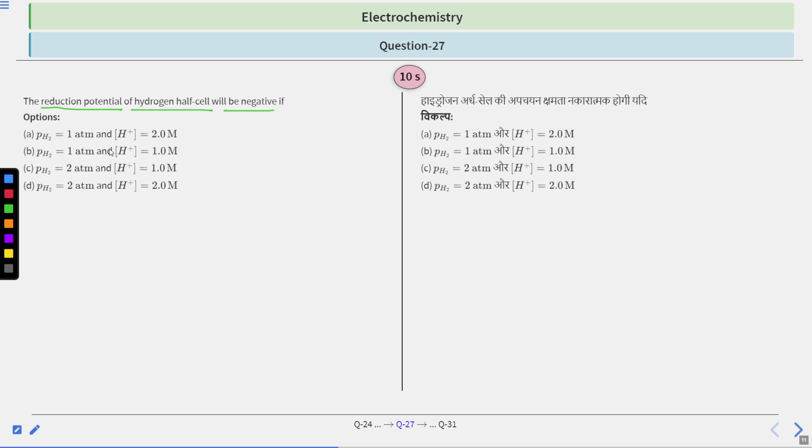Pressure of H2 is 1 atmosphere and H positive concentration is 1 molar. Pressure of H2 is 2 atmosphere and H positive concentration is 1 molar, or pressure of H2 is 2 atmosphere and H positive concentration is 2 molar. So you have 10 seconds to solve this question. After that, we will see the answer.